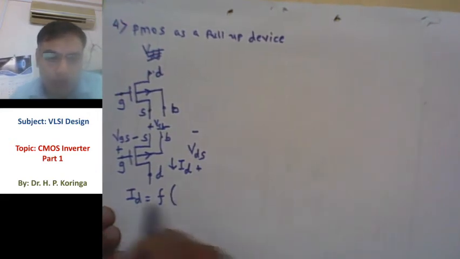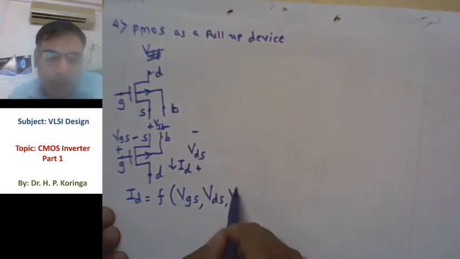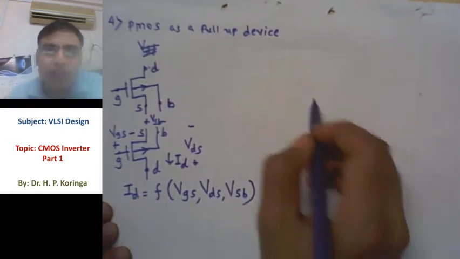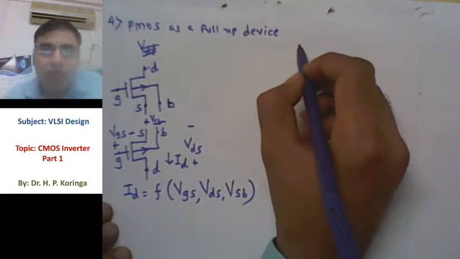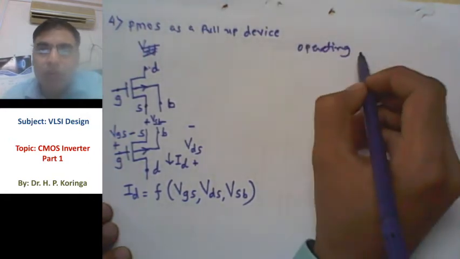So in a PMOS also, drain current is a function of gate to source voltage, drain to source voltage, and source to bulk voltage, right? Now about its operating region and the ID current value.